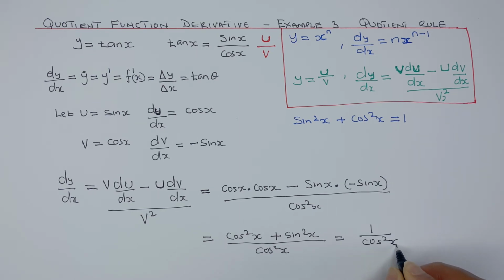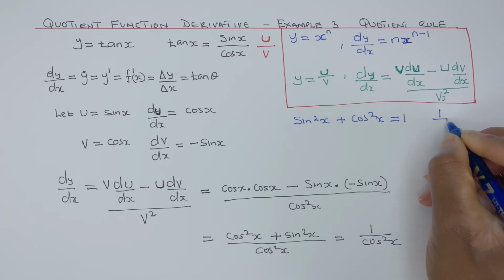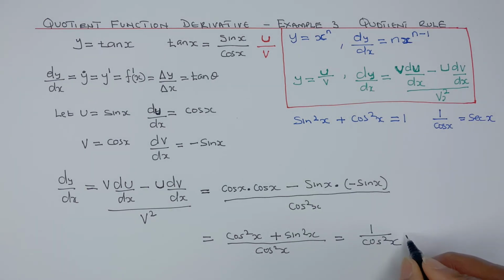cos squared of x. We also know in trig that 1 over cos of x equals sec x. So this is 1 over cos squared x, which is sec squared x.